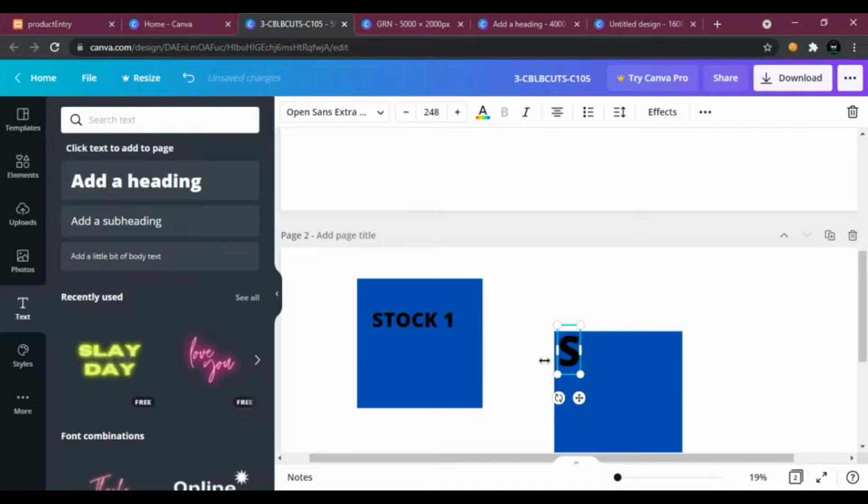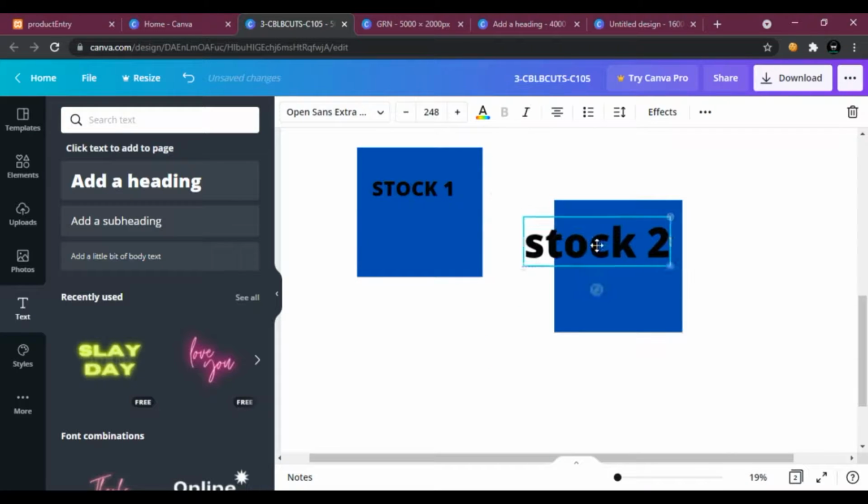And stock 3 can contain, what else, only oil stuff. So that can be stock 2, stock 3, multiple stocks, right?